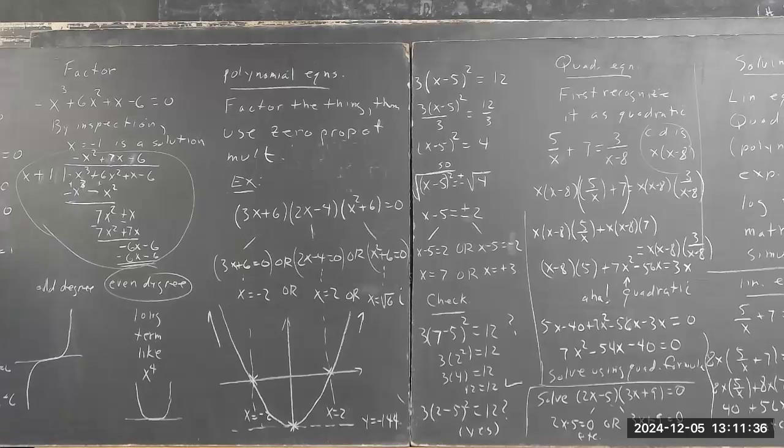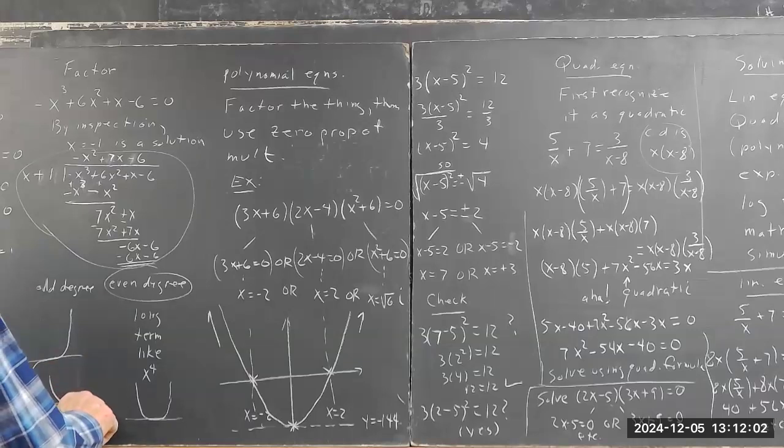The graph is cubic. This should have been an x cubed. The function is cubic. So it's going to have this ultimate form or a reflection, which would be like this.